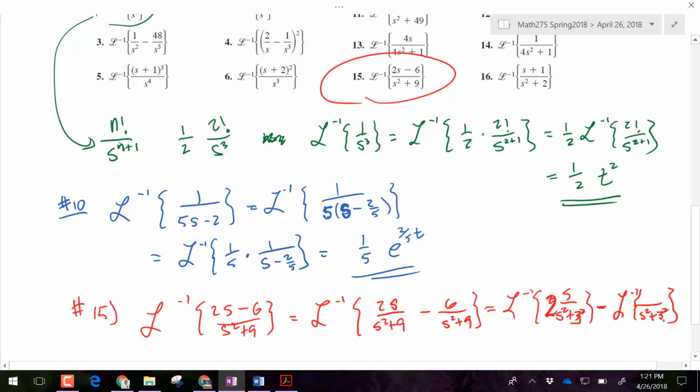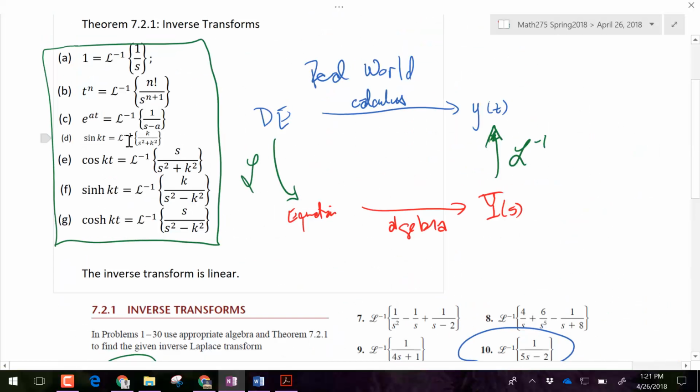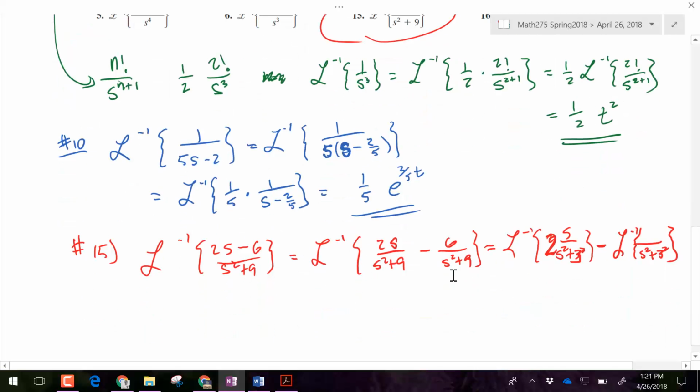If you look at the sine transform, it's k over s squared plus k squared. So we want the correct constant up here, which is 3. 3 doesn't equal 6, though. How do you get 6 out of that? Multiply it by 2.